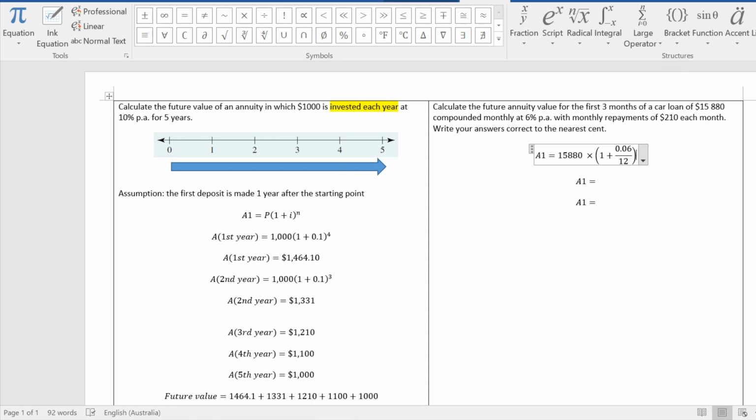Okay. And then that is going to be to the power, I'd say just 1 at this point, okay? And then what we're going to do is, that's going to give us our new amount, and then from there we take away a repayment of $210. So I'll put that into the calculator, I'll see what I get.